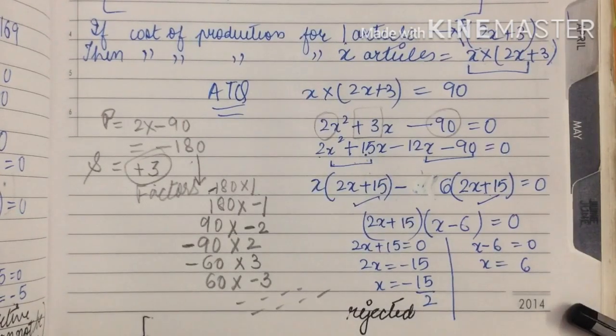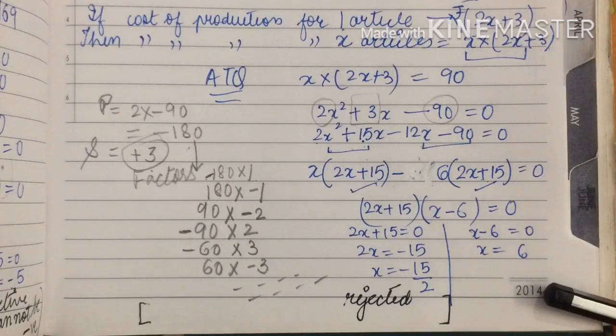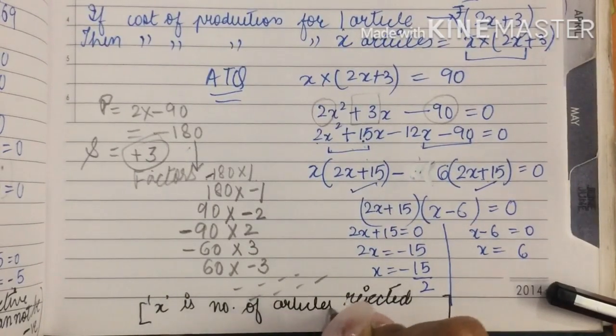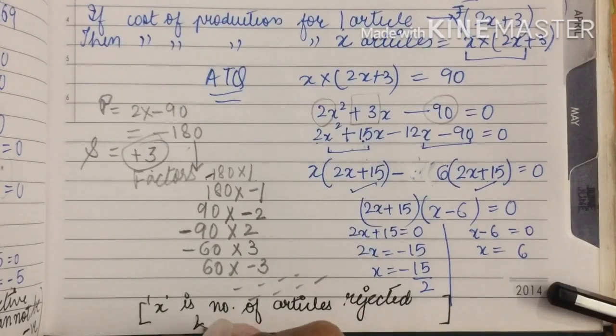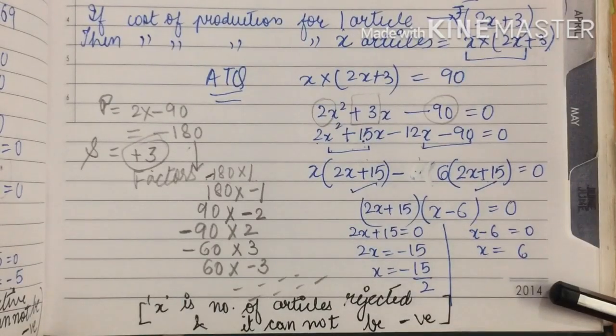You can write down for yourself: X is number of articles and it cannot be negative.